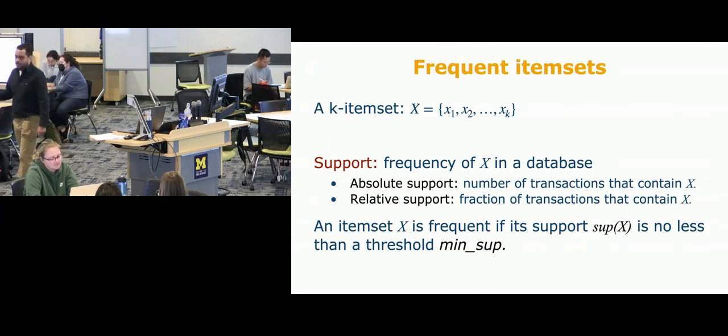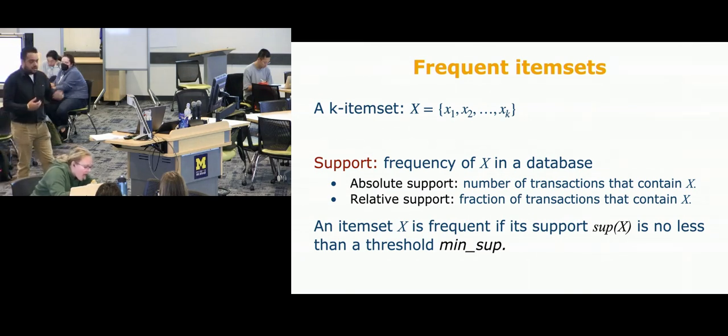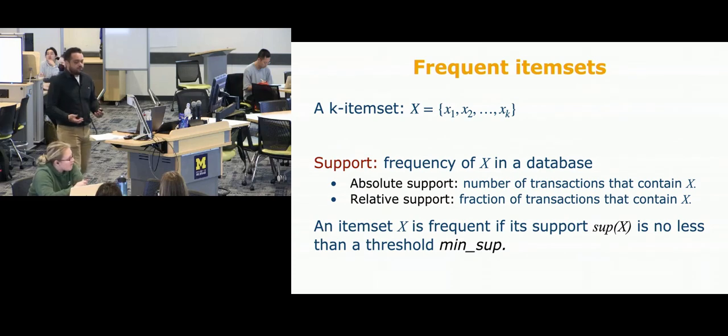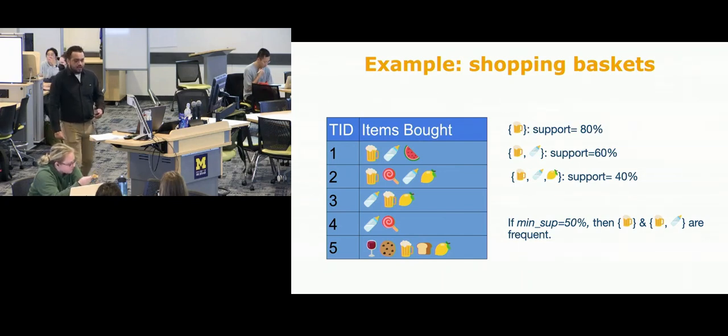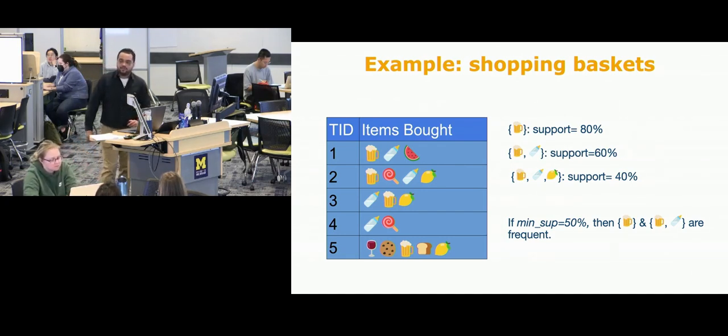For example, if you are in a music store thinking of a collection of CDs, you might want a different threshold for min sup than if you're in a grocery store, where there might be a different value for your data mining problem. So now let's go back to our shopping baskets.